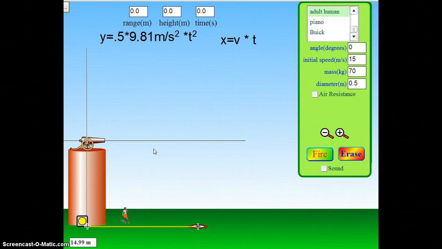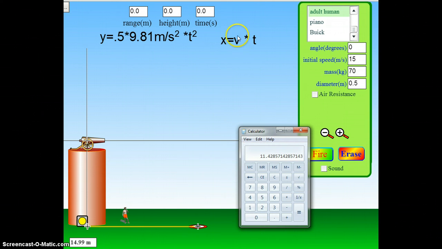All right, so how high up? We want to find delta y. We need time to find delta y. We don't have it. What we have is 15 meters for delta x and 15 meters per second velocity. So if I pull up my calculator and divide 15 by 15, we get a time of 1 second.